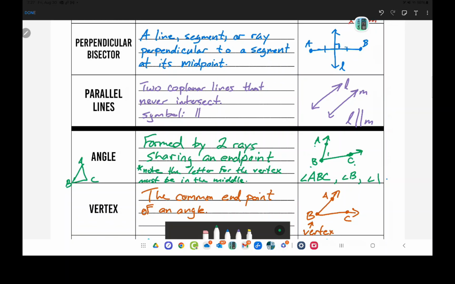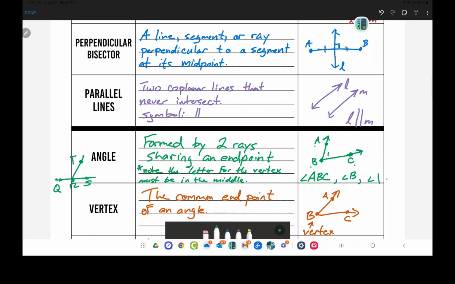You can identify it. The issue comes up, for example, if I had something along the lines of this, QRST. How many angles are at the vertex R? Now, there's two.